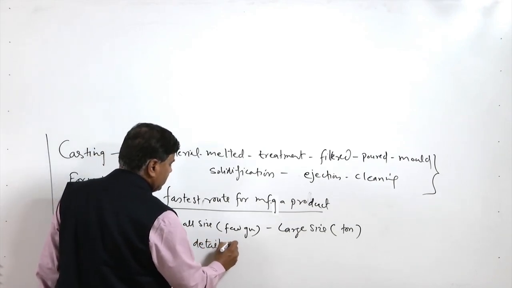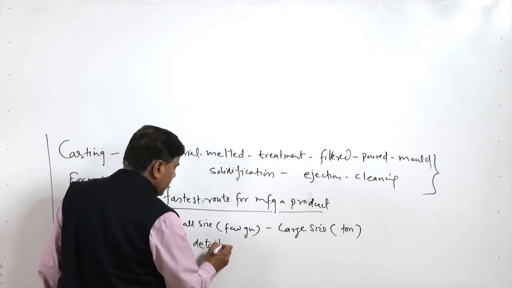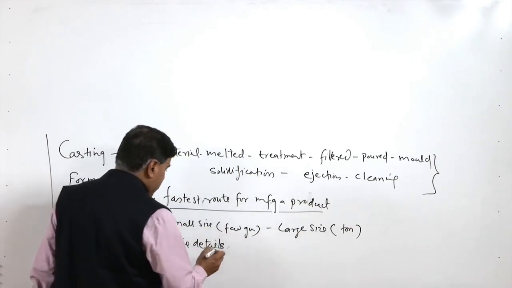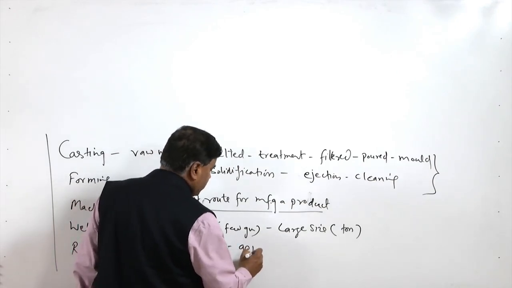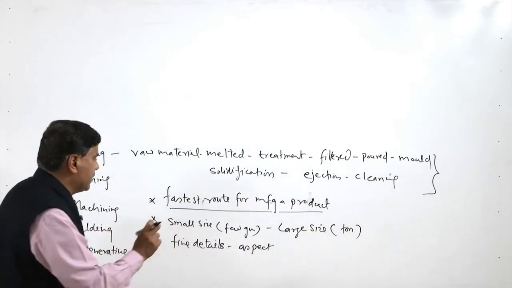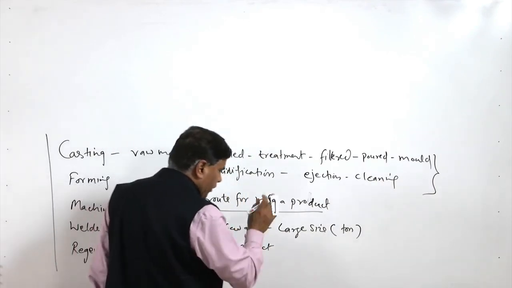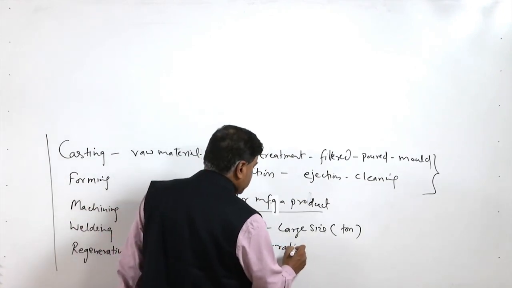Fine details in the products can be realized, so the aspect ratio, meaning the height to the thickness or the width of the slots and the grooves, which can be achieved is very good.